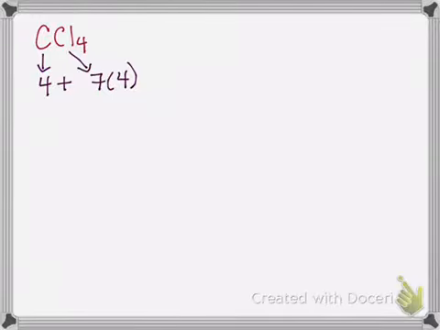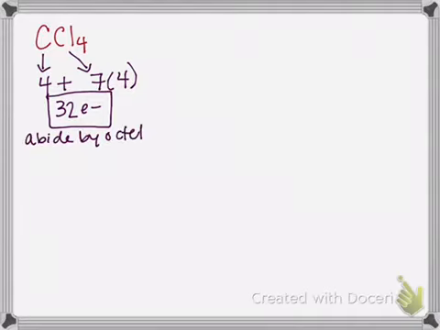So now we're going to add them up to determine how many electrons are in our overall structure. 7 times 4 is 28, plus 4 is 32 electrons. So my structure needs to end up having 32 electrons. I have to abide by the octet; everybody wants 8 electrons around them.